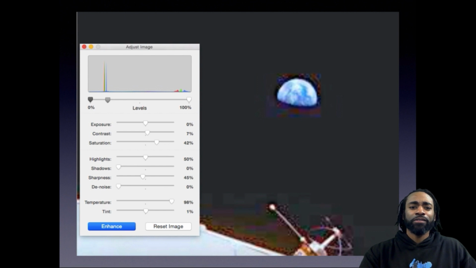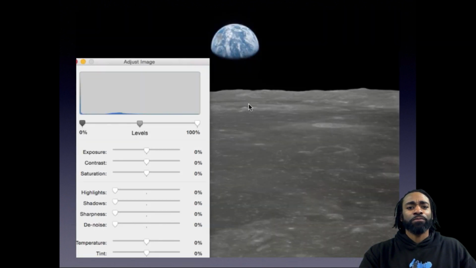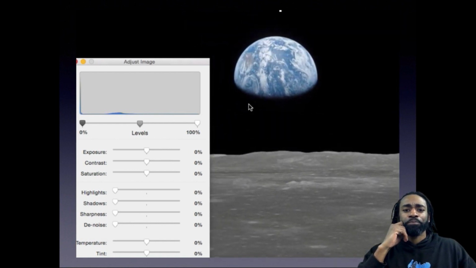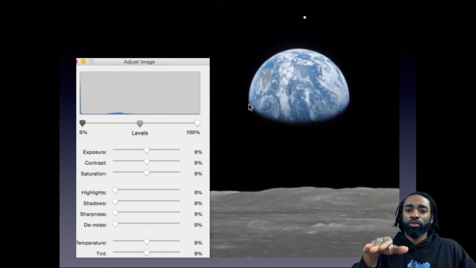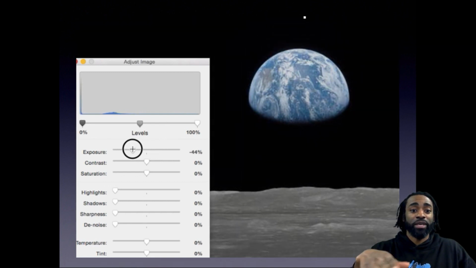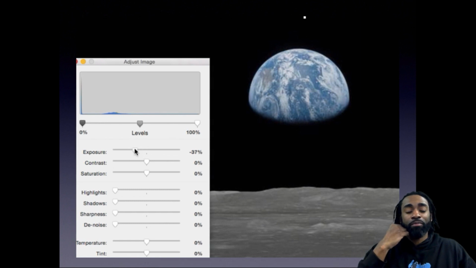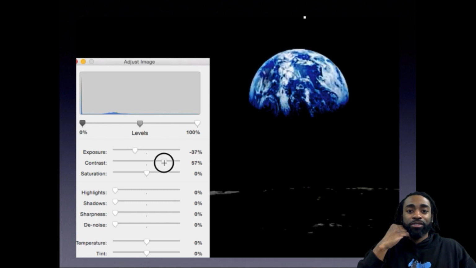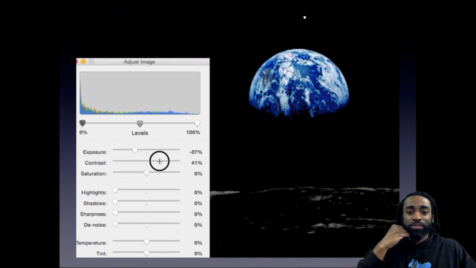Here, let's check out this other one here. Let's check out the Earthrise. I did the same thing. Downloaded the picture from NASA.gov. You can do the same thing. This isn't even Photoshop technology. This is just some basic stuff I got on my MacBook Air. Just open a picture and then just making some adjustments.